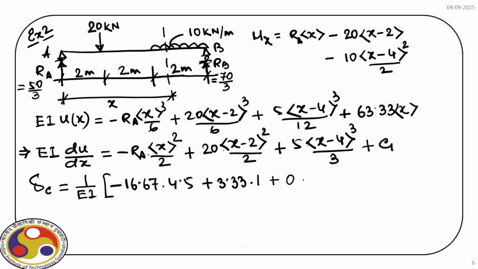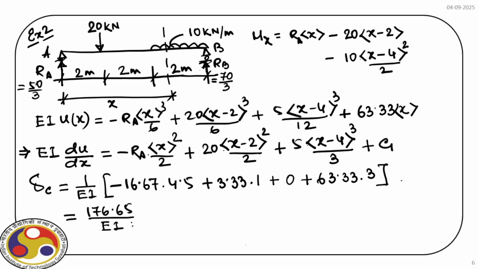Then the last term we have 63.33 times 3. That means if we solve this expression, we have 176.65 divided by EI.